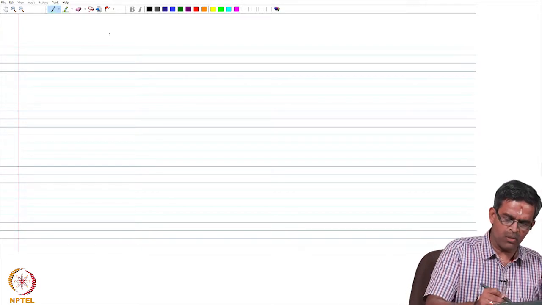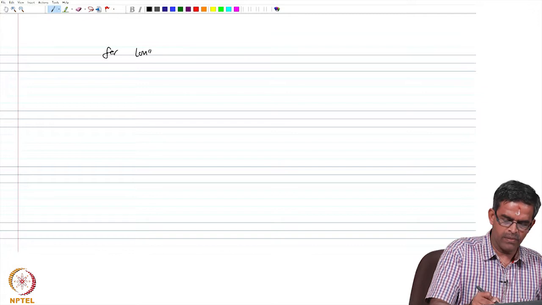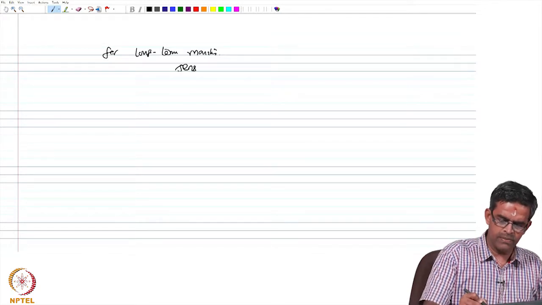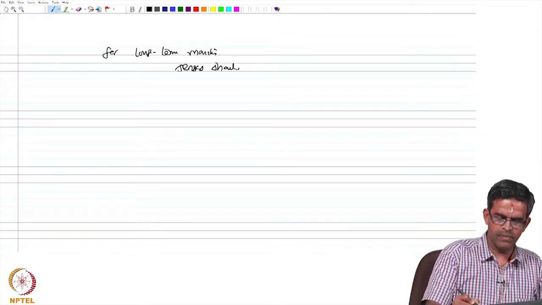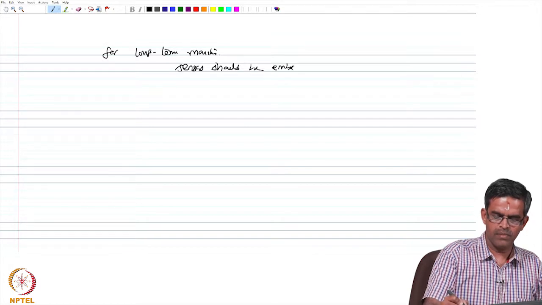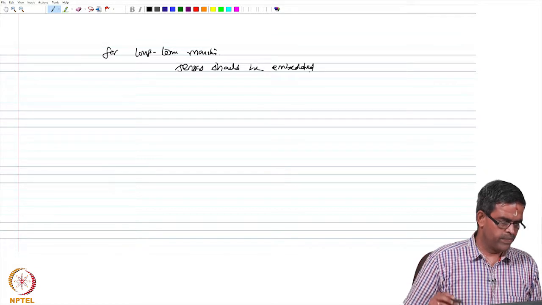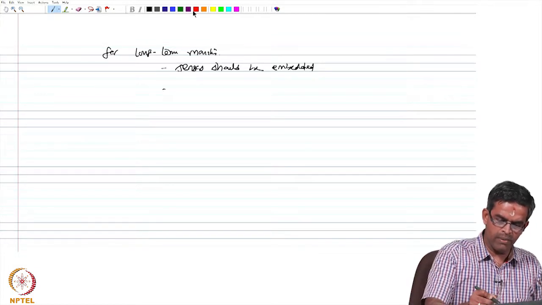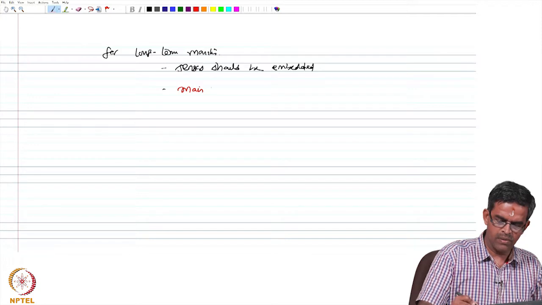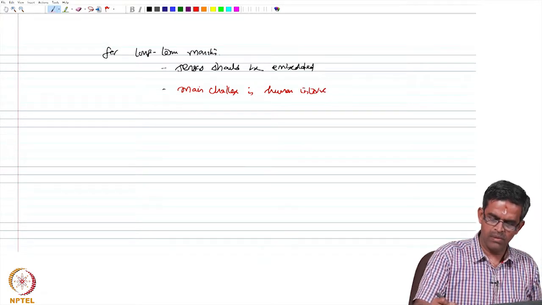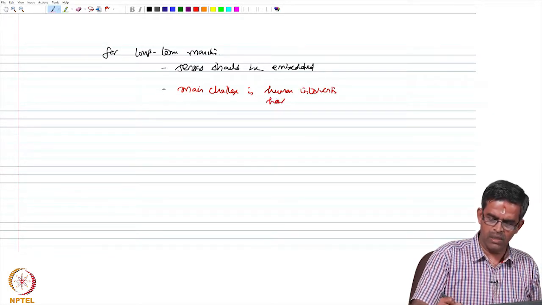Now, when you go for long term monitoring, sensor should be embedded in the structure. So, therefore, here the main challenge comes is human intervention and harsh environment.